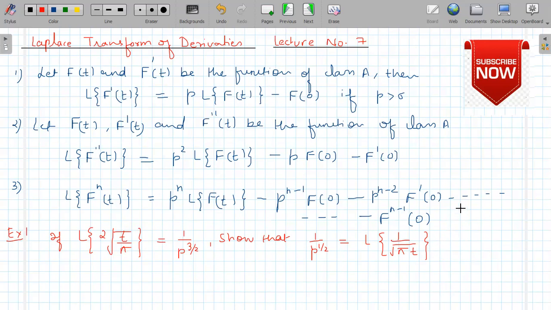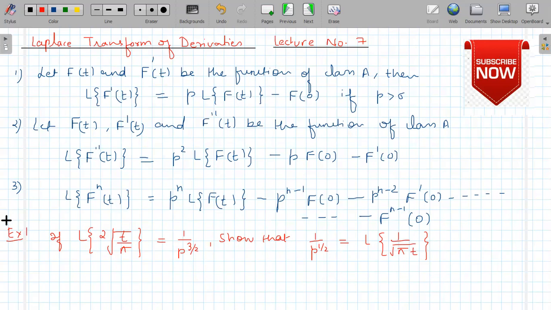So you can try in a rough sheet whether this function whose Laplace transform is asked to you is the derivative of this function or not. If it is, then it is very clear that you have to use the Laplace transform of derivative of the function's property.